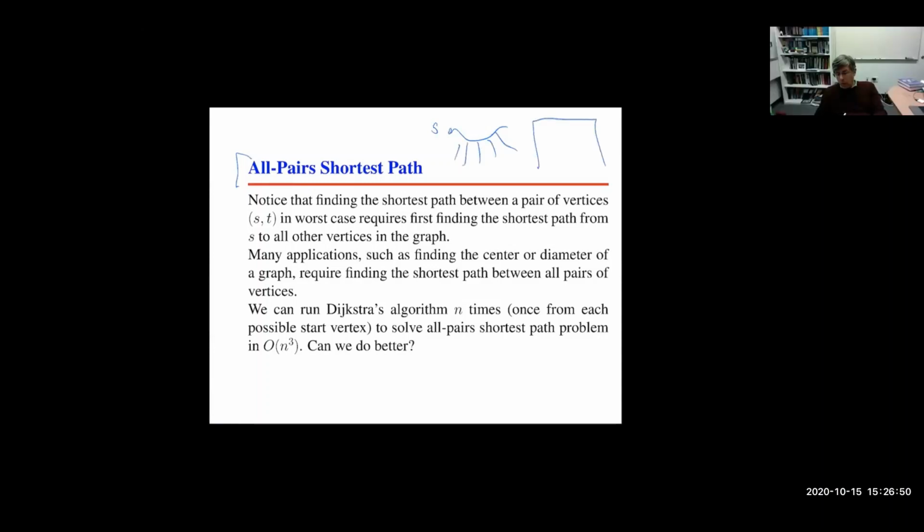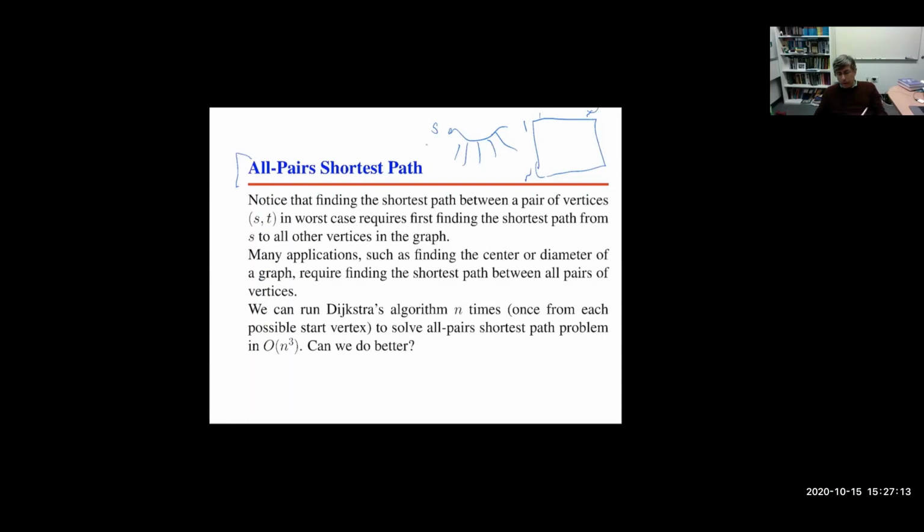Sometimes you are interested in building a table for each vertex from I to J, from 1 to N and 1 to N. What is the length of the shortest path from I to J? So for every pair of vertices, you know how far apart they are.